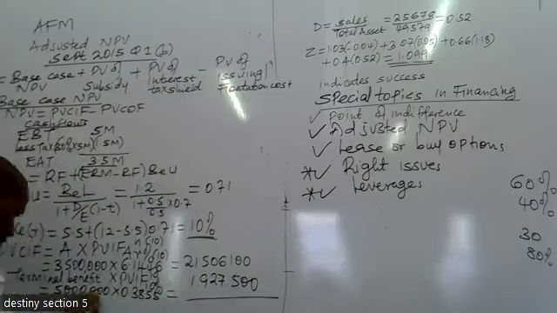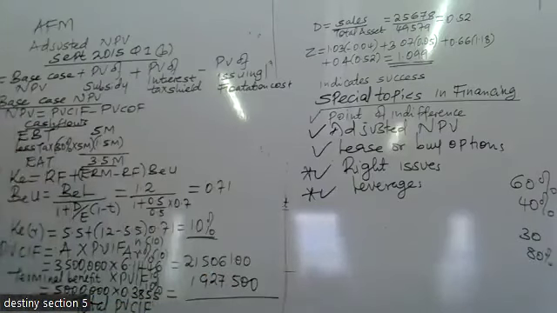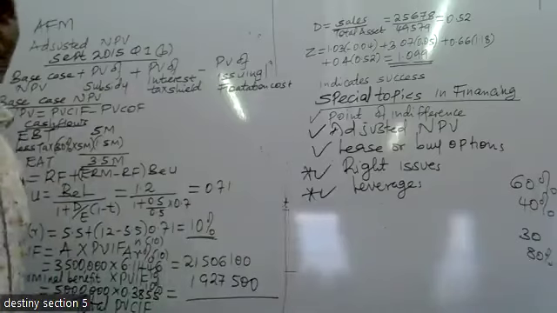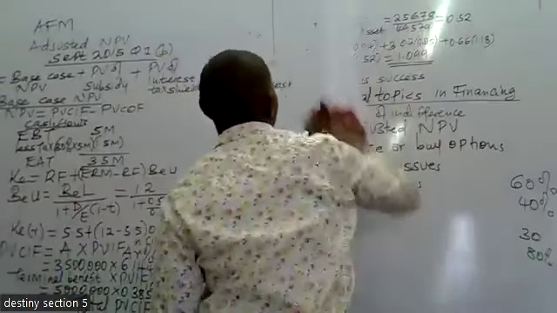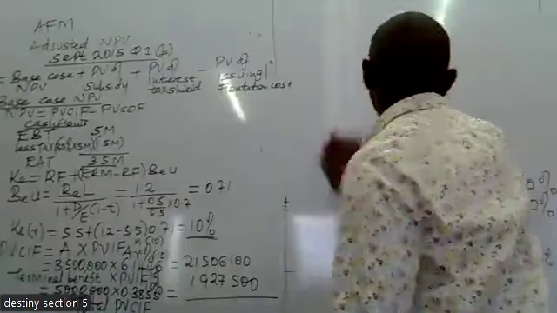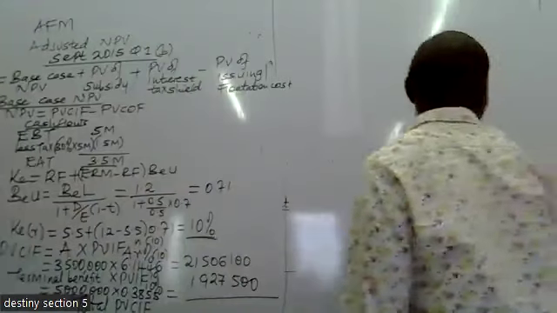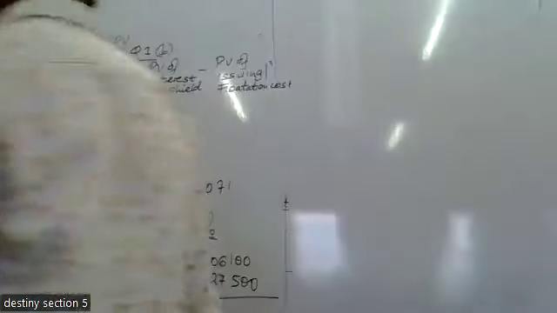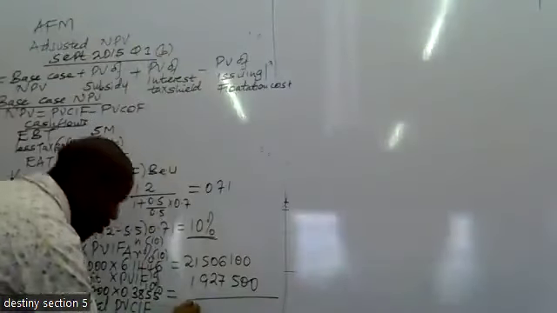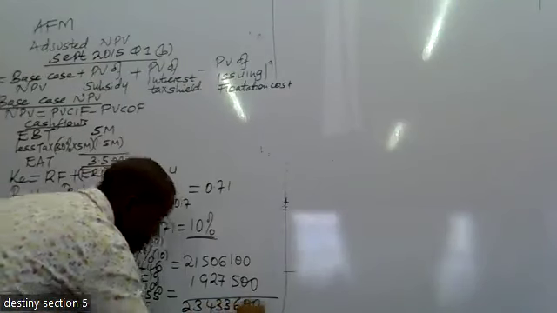So get the total present value of cash inflows. Is that okay? So how much are you getting? 23,433,600.